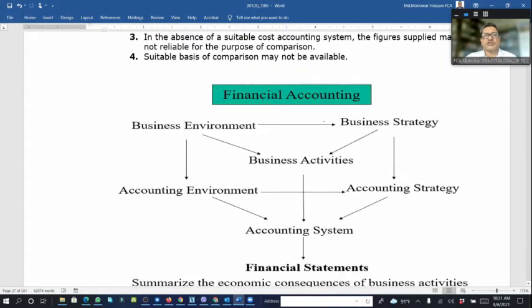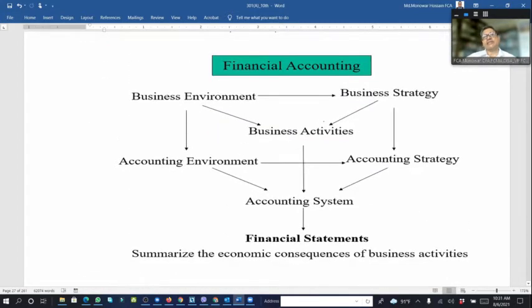It has limitations. So if we see the financial accounting on our side here, what is the total environment? What are the activities within a business environment? Using the business strategy, the business activity, accounting strategy, accounting environment, and using the accounting system, we find the financial statement, and that financial statement summarizes the economic consequences of business activities.